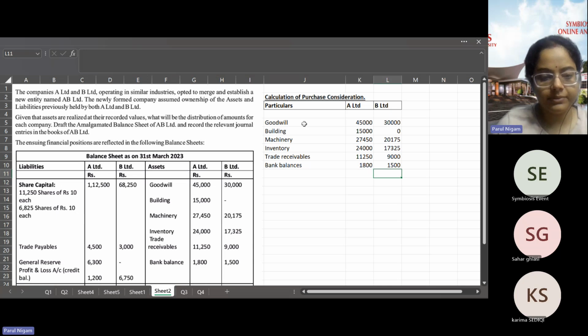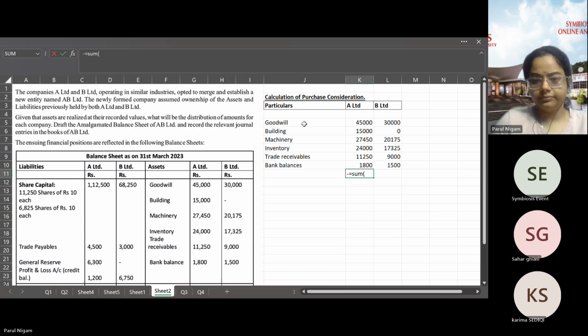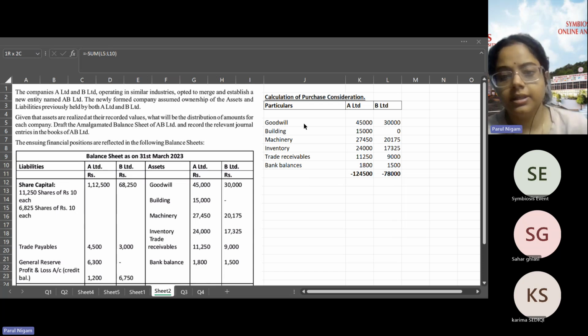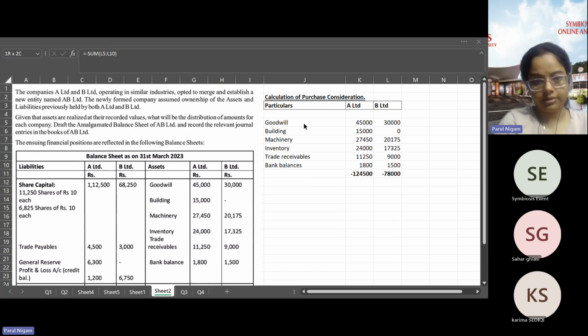Okay, goodwill, building, machinery, inventory, trade receivables, and bank balances. Fine. Let's have a small total over here for all the assets. Okay, so this is the total 1,24,500 for A Limited and 78,000 for B Limited. Right?